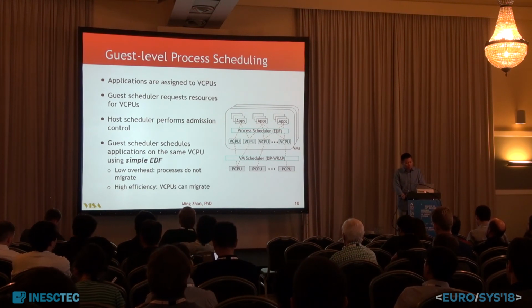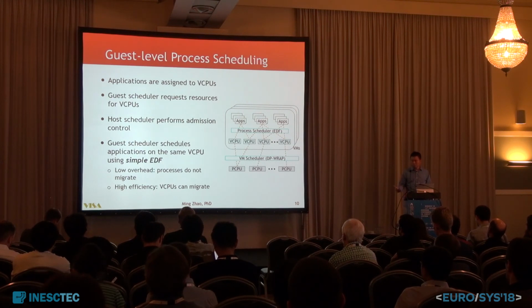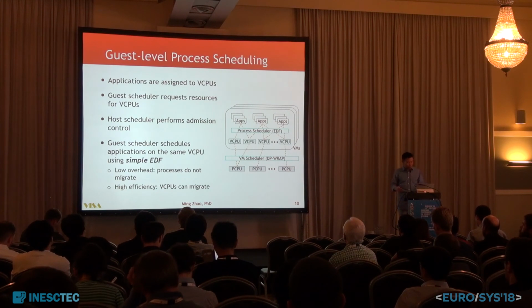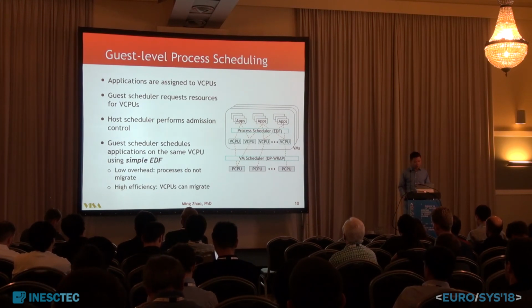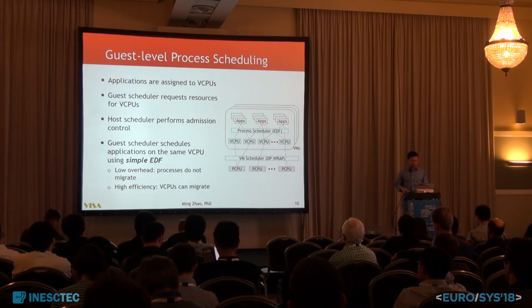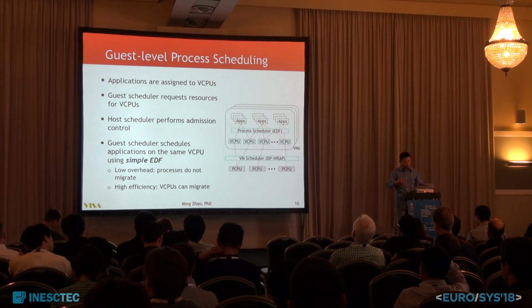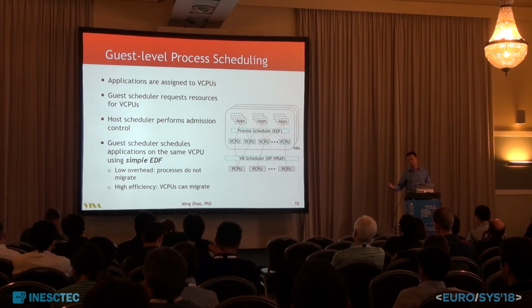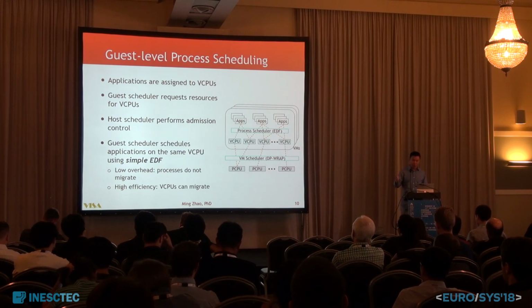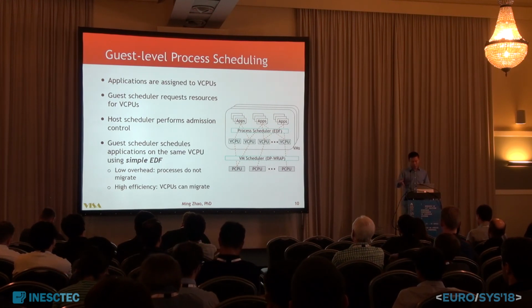Now, let's look at the schedulers at the guest level and the host level. The guest level scheduler is actually pretty simple. We in fact use a simple partitioned EDF scheduler. The only thing I want to emphasize is that instead of using a global EDF scheduler, which is supposed to be more optimal than a partitioned scheduler, we assign the applications to different vCPUs, and our guest level scheduler schedules the processes that are assigned to a particular vCPU.